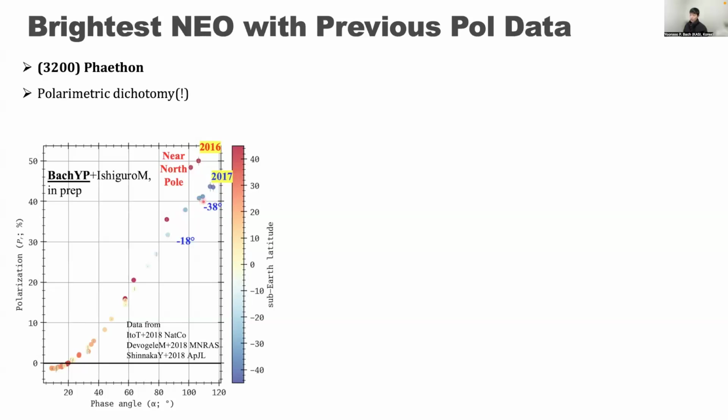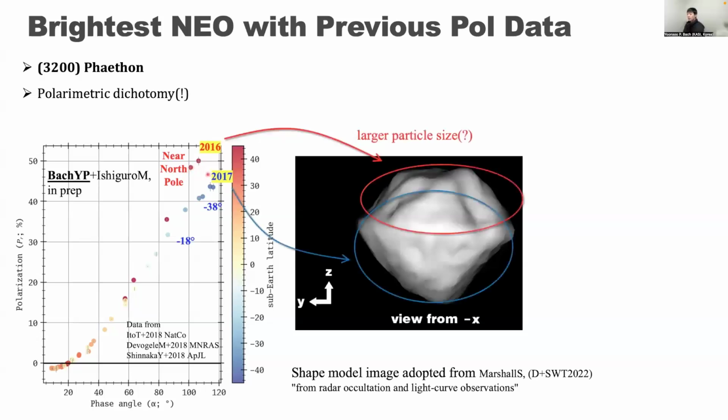We later realized that in 2016 we were observing the North Pole, and in 2017 the Southern Hemisphere was visible. As I briefly mentioned before, large polarization degree can be interpreted as larger grain sizes. So it can be qualitatively interpreted that in 2016, when we were looking at the Northern Hemisphere, it is consistent with large particles, while the Southern Hemisphere may contain smaller particles.